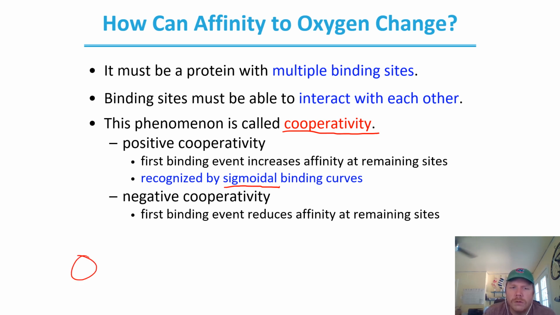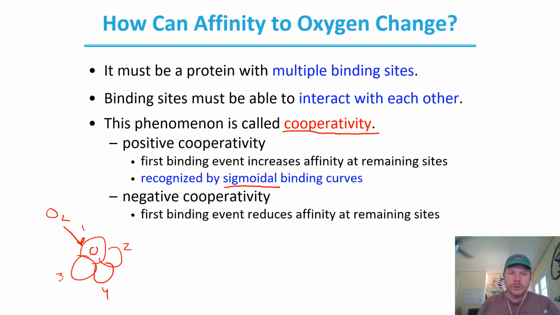So here are our 4 subunits of hemoglobin: 1, 2, 3, and 4. When O2 is absent, all 4 of these subunits have a fairly low affinity for O2. But when there's a high enough concentration of O2, that first of the 4 subunits of that quaternary structured hemoglobin protein is going to bind to O2.